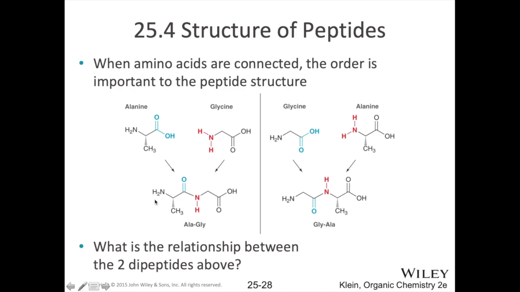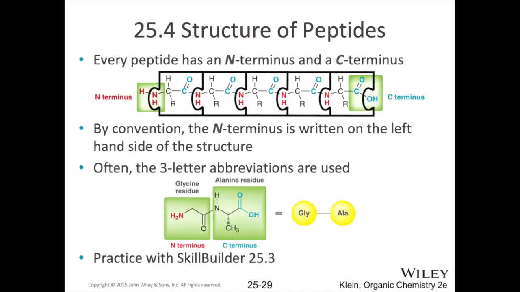Going from left to right, from the nitrogen end to the carbon end, we could have alanyl glycine, abbreviated Ala-Gly, or vice versa, glycyl alanine, where glycine is on the left and alanine on the right. The nitrogen end is also called the N-terminus, and likewise the carboxylic acid, carbon-based end is called the C-terminus.